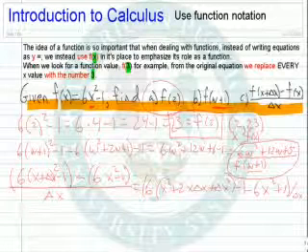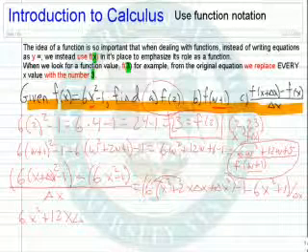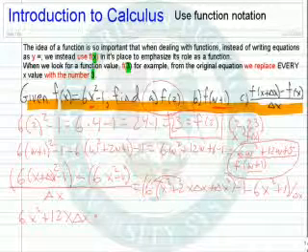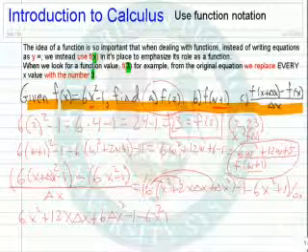So we continue: 6x squared plus, distributing the 6 times each of the other items, 12x delta x plus 6 delta x squared minus 1 minus 6x squared plus 1, all divided by delta x.